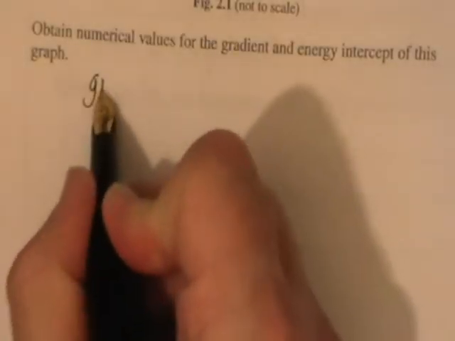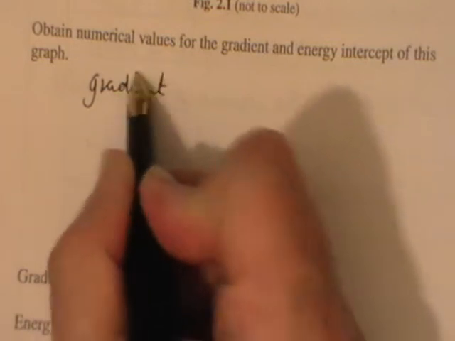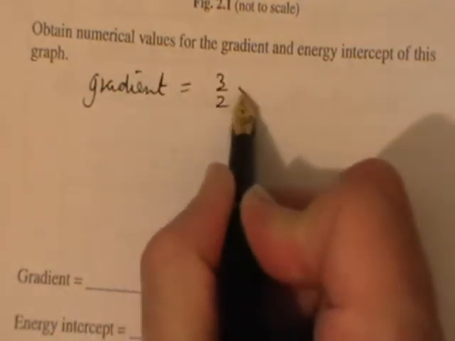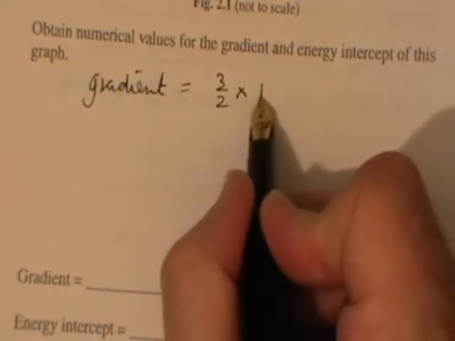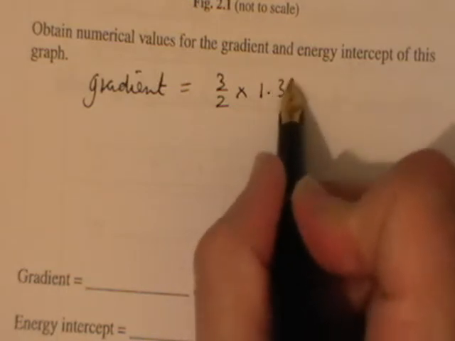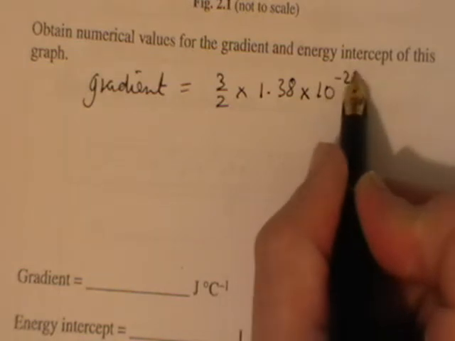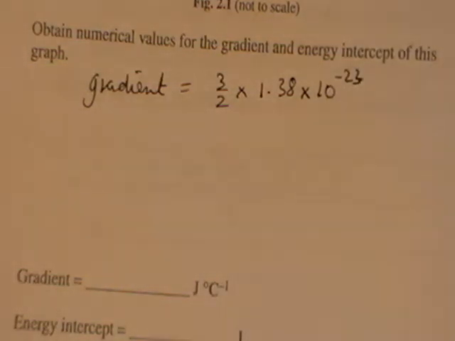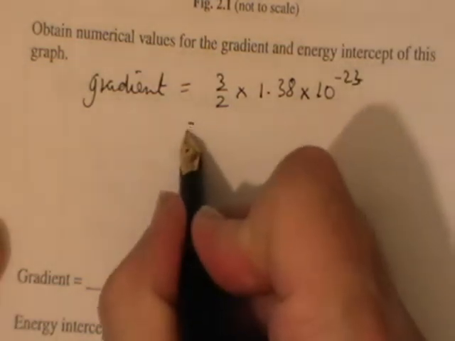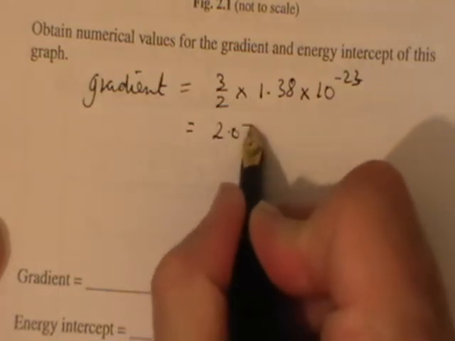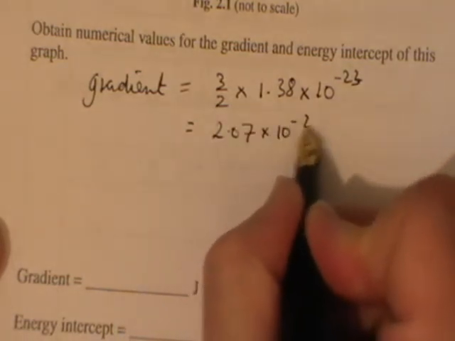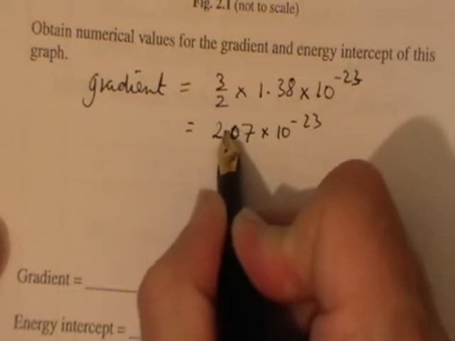So the gradient, we've said, is equal to 3 over 2 times k, and k is 1.38 times 10 to the minus 23. So that means that the gradient is equal to 2.07 times 10 to the minus 23 when you work that out.